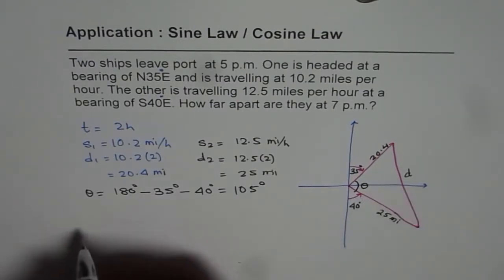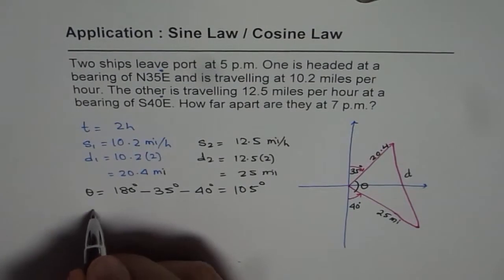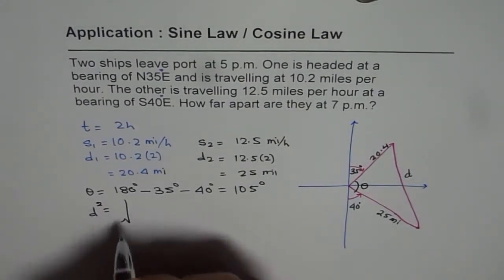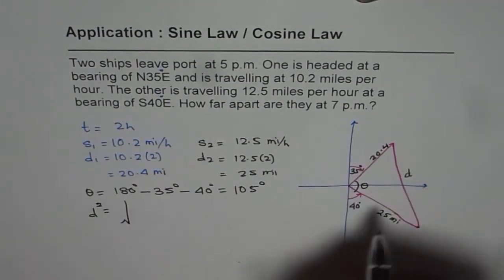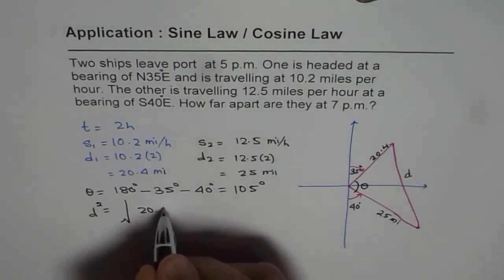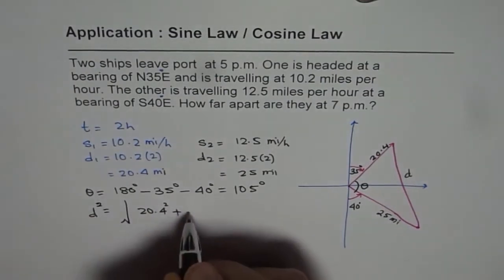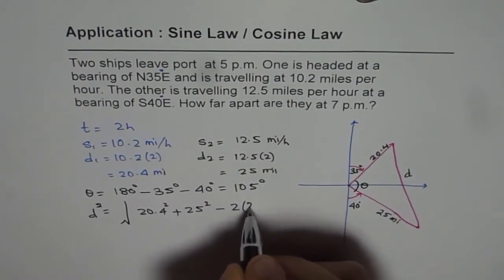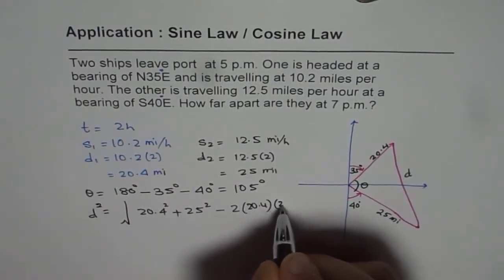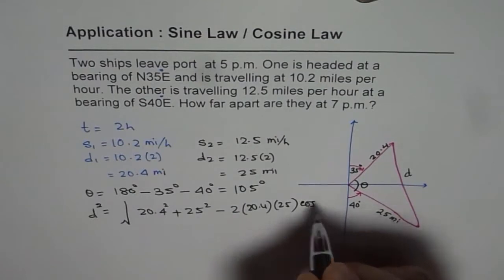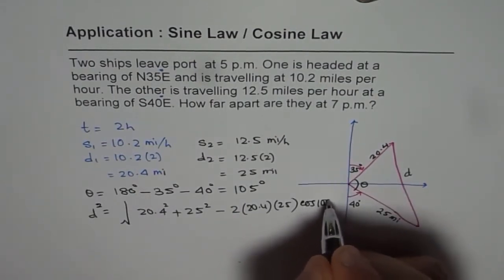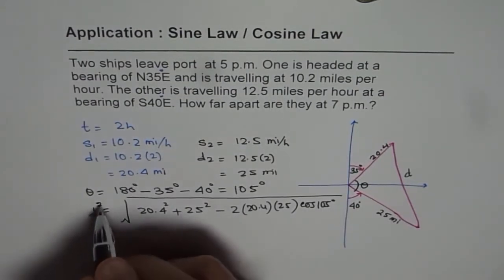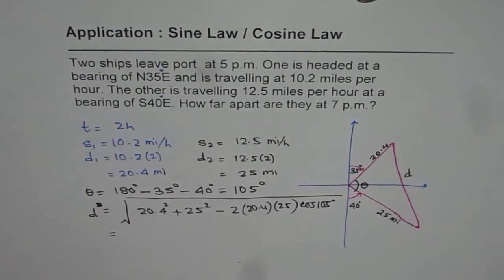So using the cosine law, we get distance D. D is equal to the square root of 20.4 squared plus 25 squared minus 2 times 20.4 times 25 times the cosine of the angle, which is 105 degrees. The square root is the distance.